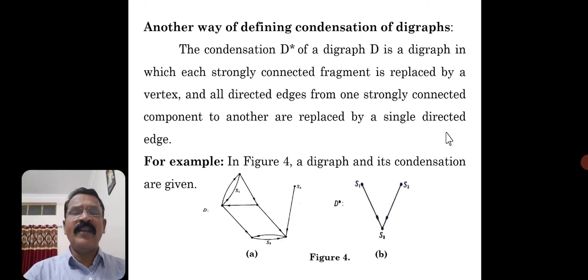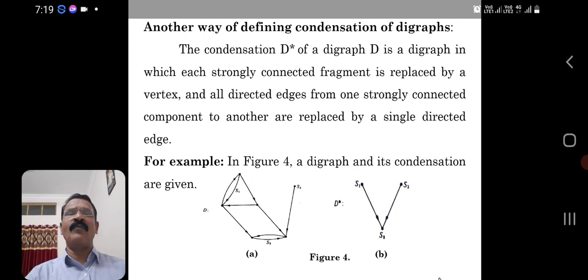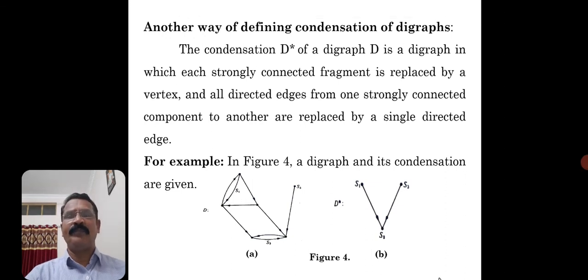Another way of defining the condensation of a digraph, how to define it in another form, that we will see. The condensation D star of a digraph D is a digraph in which each strongly connected fragment is replaced by a vertex.